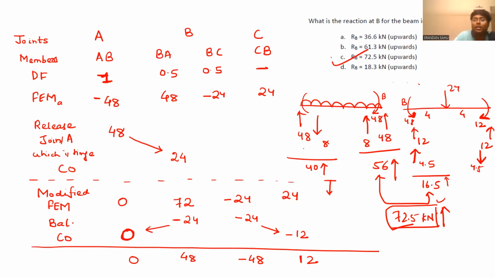Option C. 36 divided by 8. You are not getting that. 4.5 it is coming, right? Yes. Okay. Now I got. It's easy.